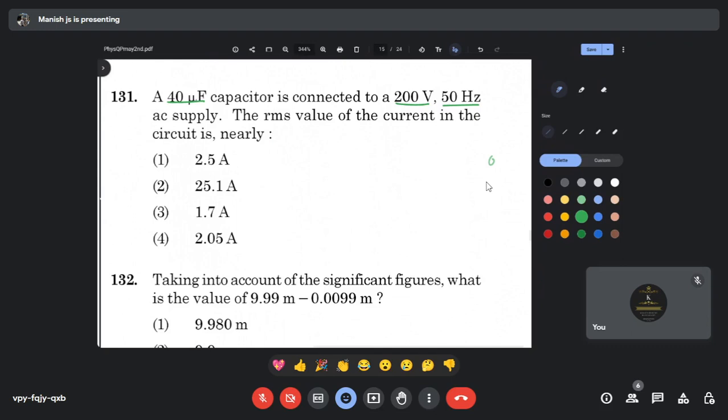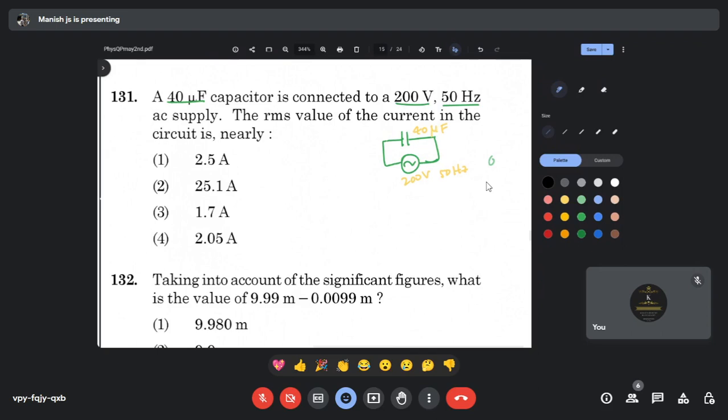Because your circuit is an AC capacitive circuit, with a capacitor connected to an AC source. The AC capacitor circuit looks like this: a capacitor connected to an AC source of 200 volts and 50 hertz. The value of the capacitor is 40 microfarad. Now you have to find the impedance of this circuit.